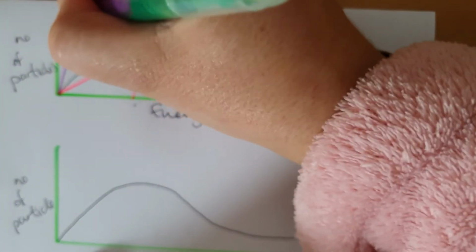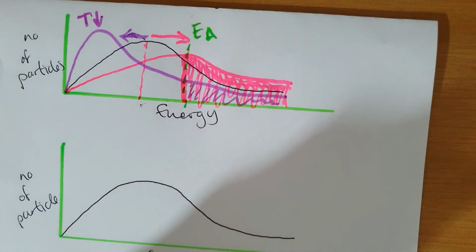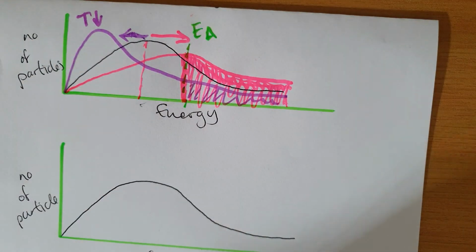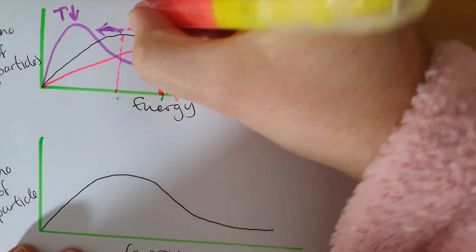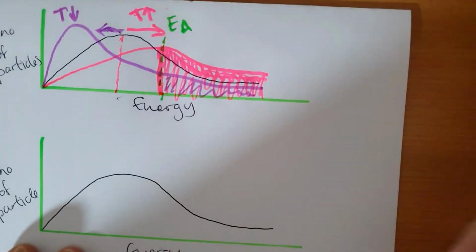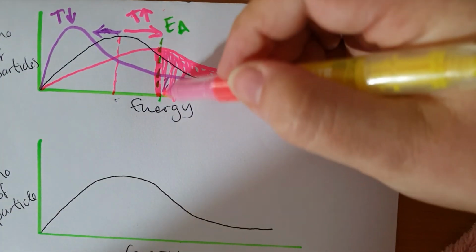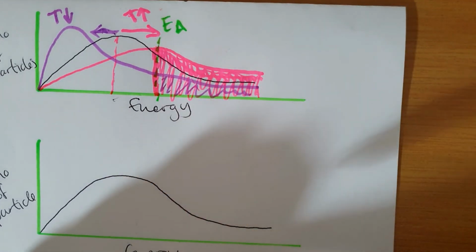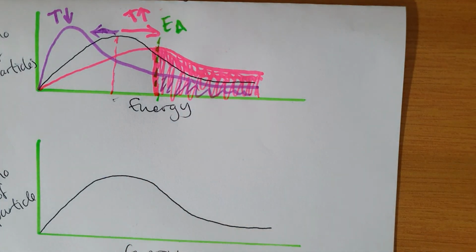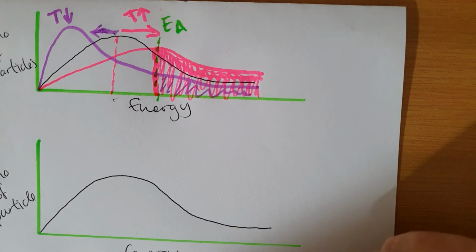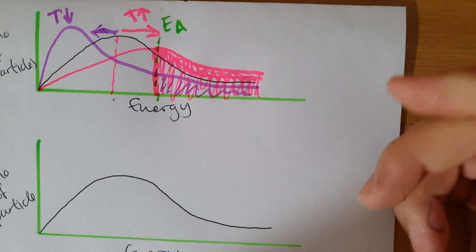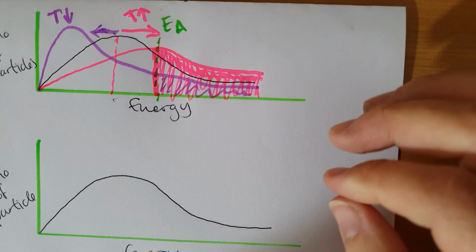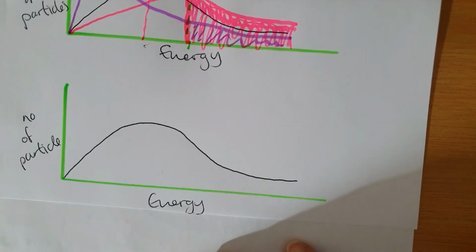So this is a temp decrease, and this is a temp increase. Look at the area of pink compared to the area of purple. More particles per unit volume have a sufficient amount of energy to collide, therefore increasing the number of collisions because they're going to be moving a lot faster, and so on.